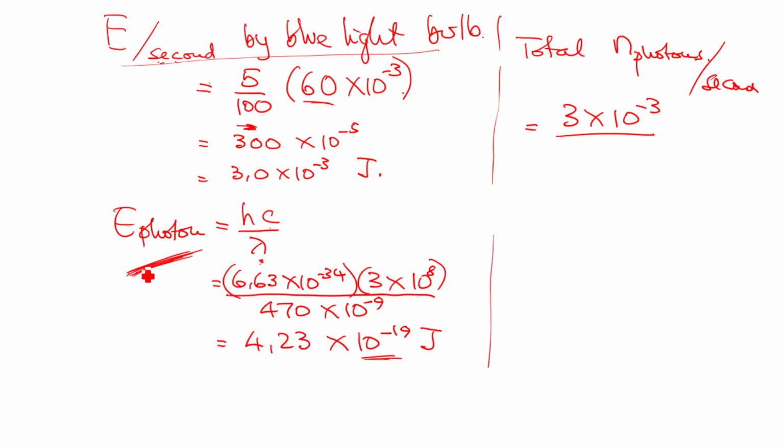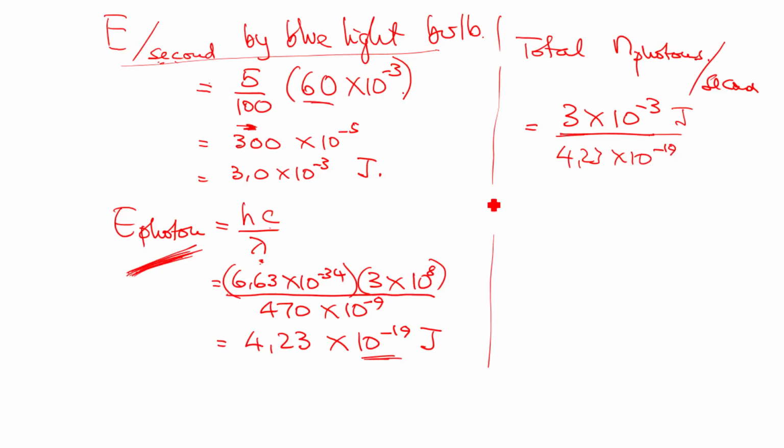So if I divide the energy per photon into the total amount of energy that is available to me, so this is going to be joules, and this is going to be 4,23 times 10 to the minus 19.